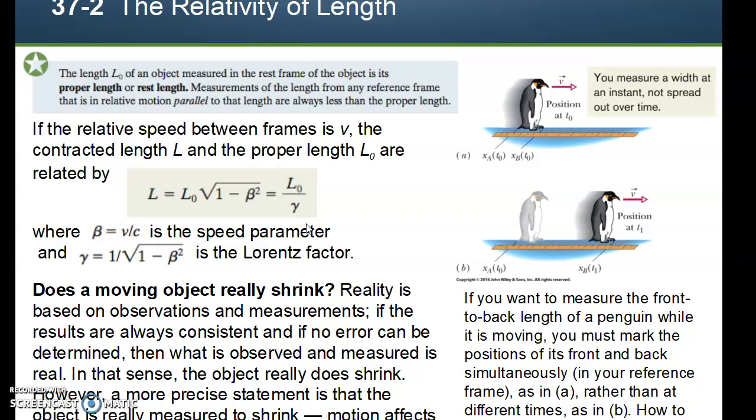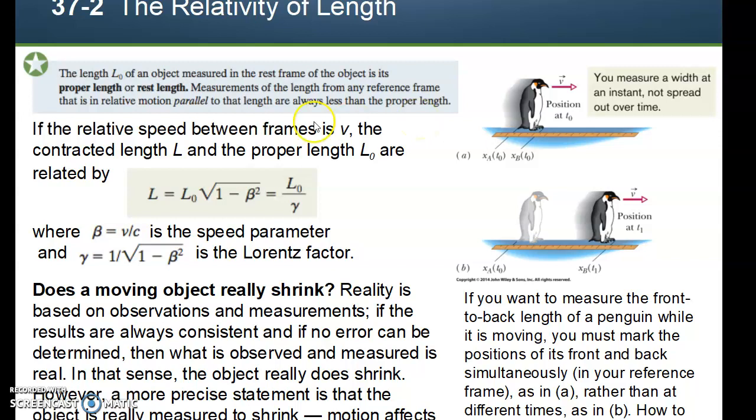Okay, the relativity of length. The length of an object measured from the rest frame of the object is its proper length or rest length. Measurements of the length from any reference frame that is in relative motion parallel to the length are always less than the proper length.